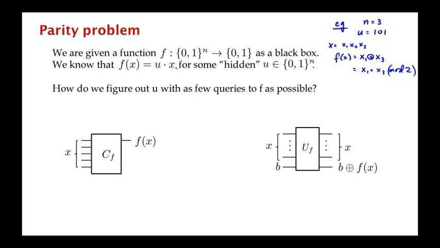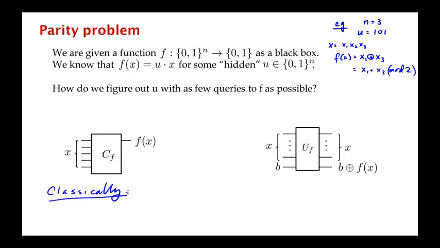So now this is the circuit that we have. It takes as input x, it outputs f of x, and we want to try to use this box to figure out what this parity mask u looks like. Classically, this is sort of easy to figure out.